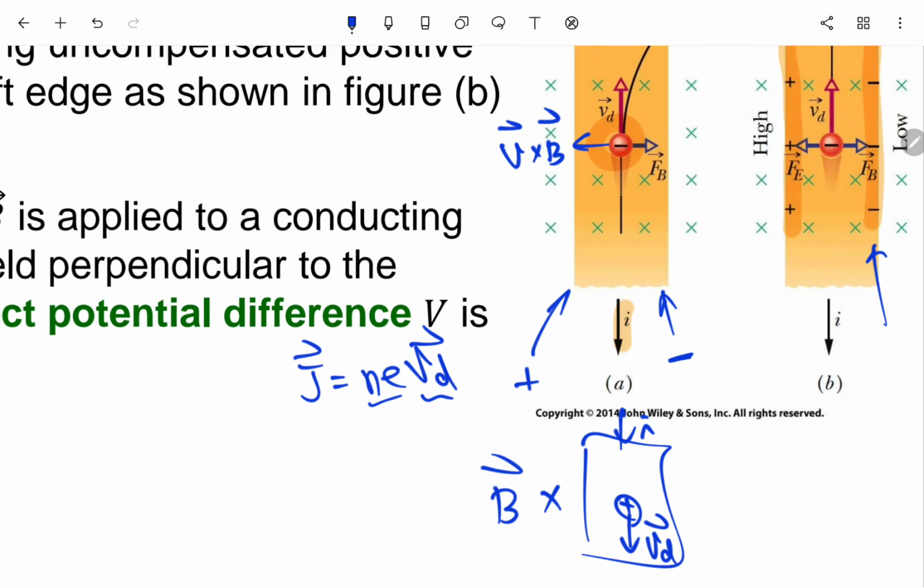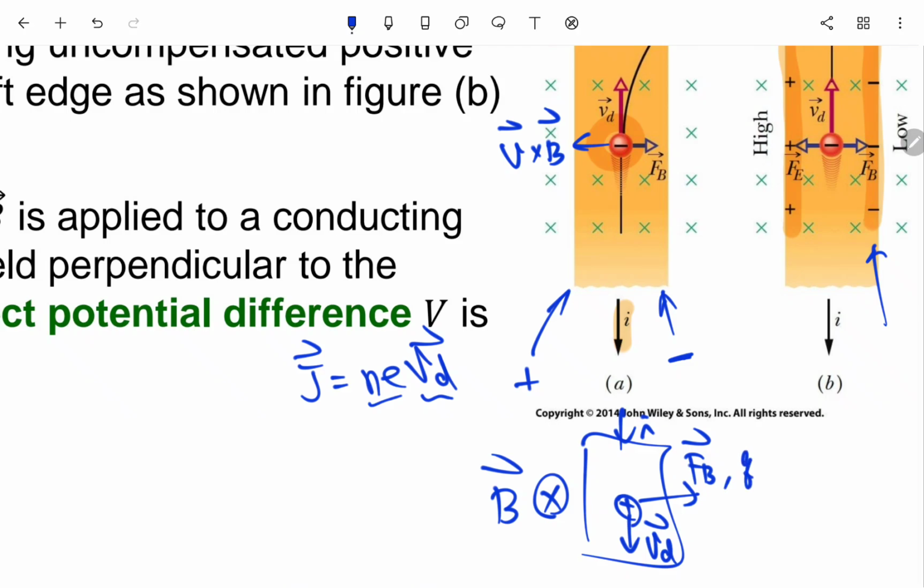V cross B, with V downward and B into the page, points to the right side. And FB is also pointing to the right side.